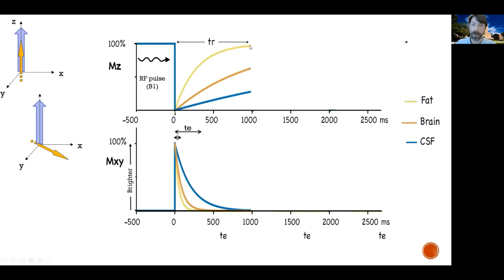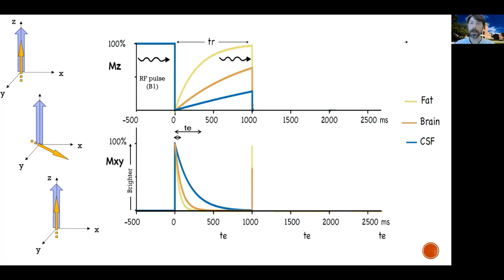The protons inside fat tissue realign very quickly with B0, whereas the protons inside brain and inside CSF take longer. Now remember what was the other parameter, TR, the time of repetition? How long are we going to wait before the next radiofrequency pulse? So that is TR.